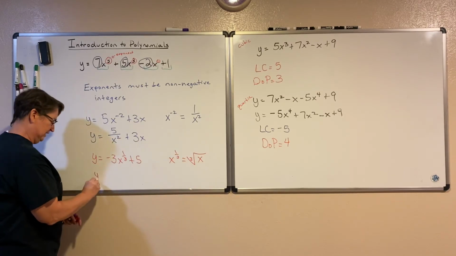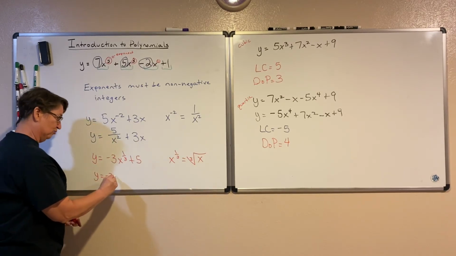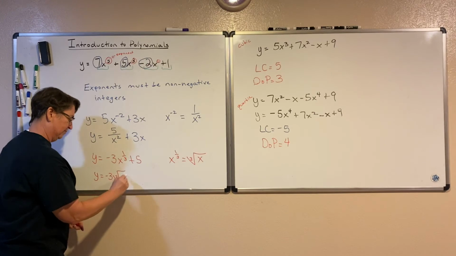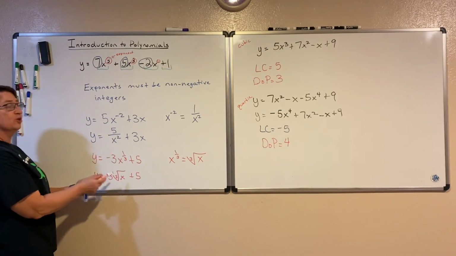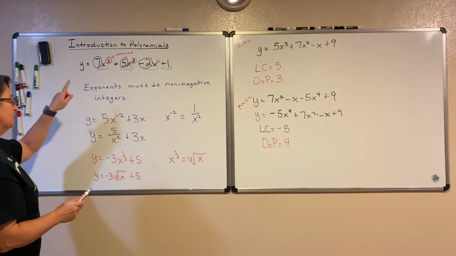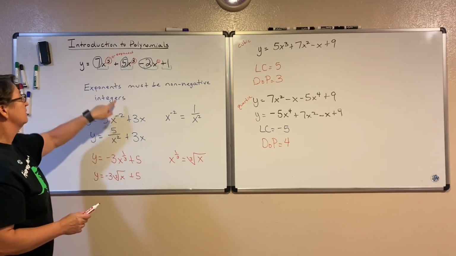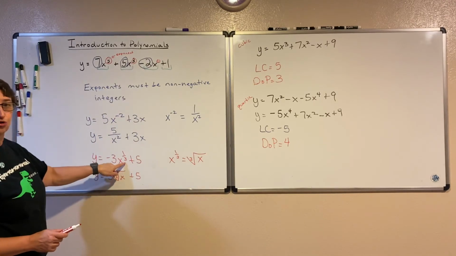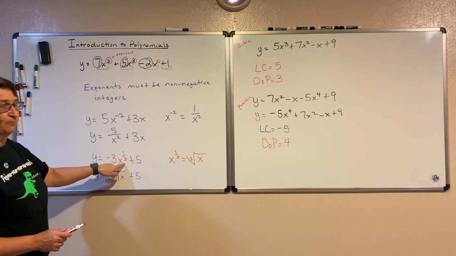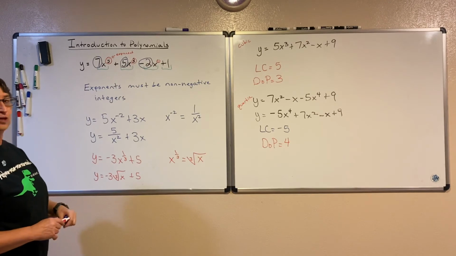So this is actually a cubed root function. I could rewrite that function here. So our exponents must be non-negative, and they must be integers. So no fractional exponents there in order for them to be a polynomial.